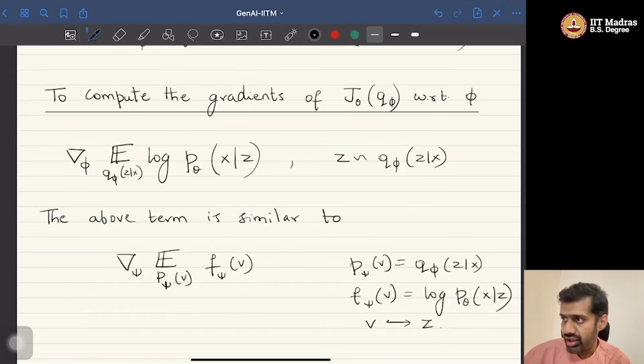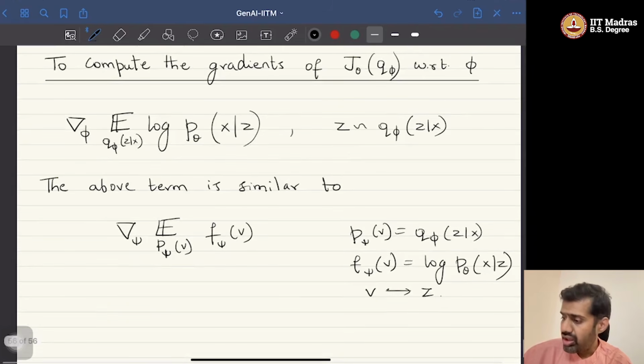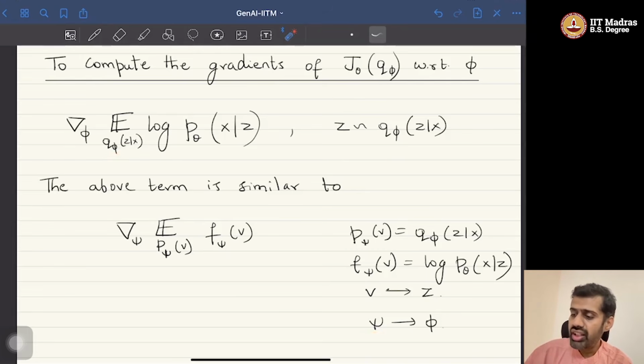Whatever we had as z has been written as v now, and the parameters phi that we have in our original problem are represented using another set of Greek letters, psi. Now, why did I do this? This is because I just wanted to avoid writing log of p theta of x given z every time. So this is the form of the gradient that we need.